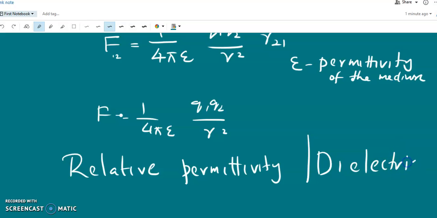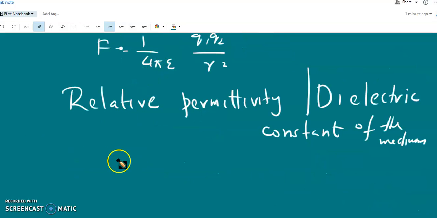It is defined as the ratio of the permittivity of the medium to the permittivity of free space. It is also called the dielectric constant, and therefore it is also represented by a letter K.